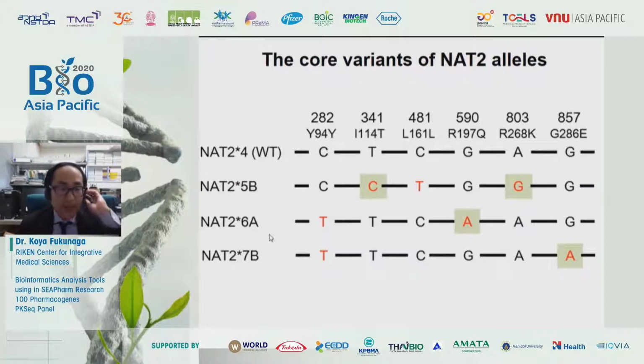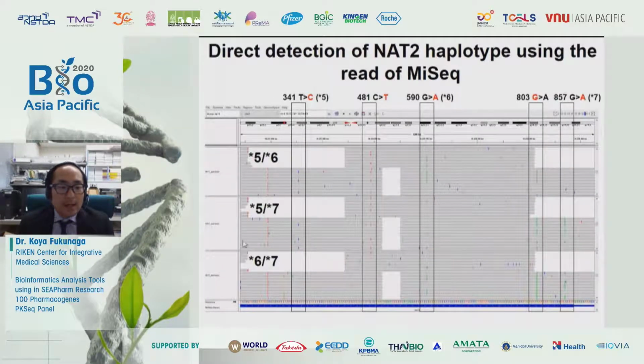Next, I detected or estimated the haplotypes of all PK-related genes. For example, I show the NAT2 alleles. The NAT2 gene is very small. The exonic region is less than 1,000 base pairs. Therefore, we can directly detect the haplotype using MiSeq reads. In PKSeq, we used 2 by 250 base pair reads.